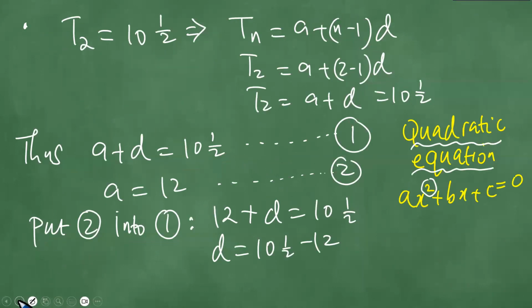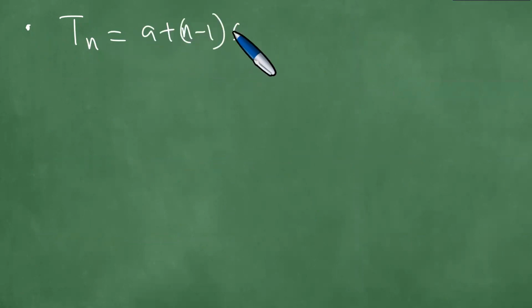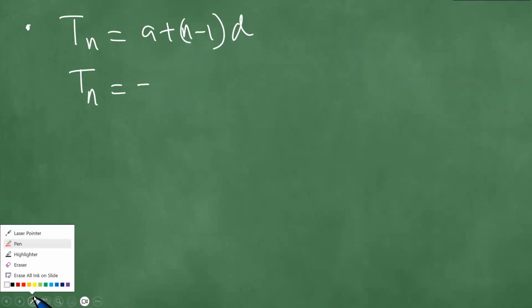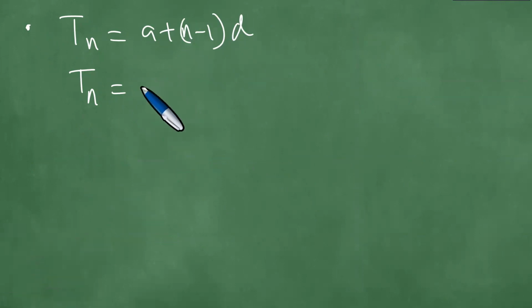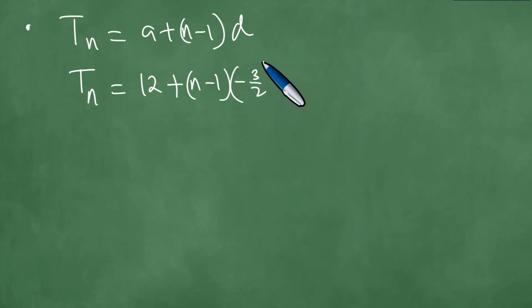So we're going to use the Tn formula. They're saying which term. What is the first term? We saw that the first term is 12. In this question, the common difference is minus 3 over 2.